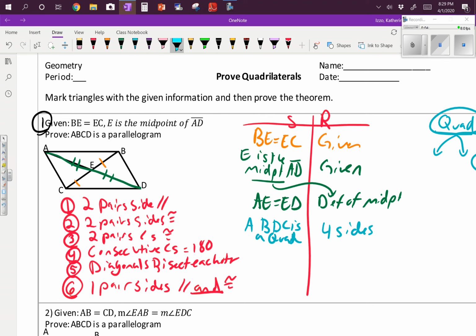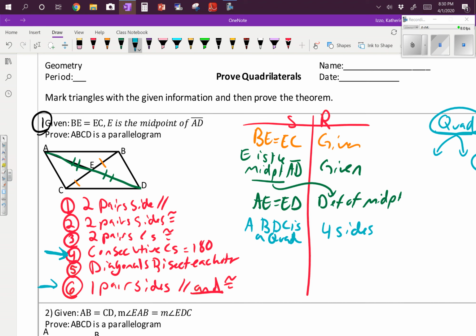If I wanted to prove 2 pairs of angles, I would have to prove that the triangles are congruent. Then I would have to do angle addition because it means this full angle over here and this full angle over there. So that would involve proving 2 sets of triangles congruent and then doing angle addition. This guy, as I said, is useless unless you're doing a maze problem. So we're not going to deal with that guy.